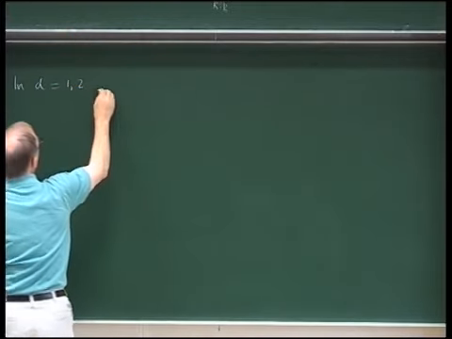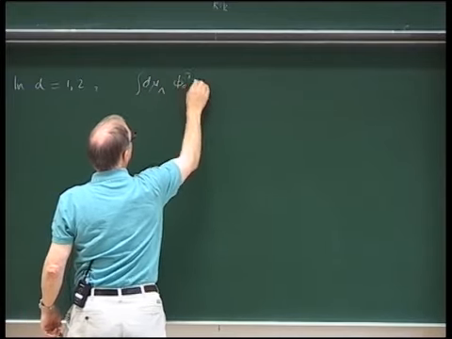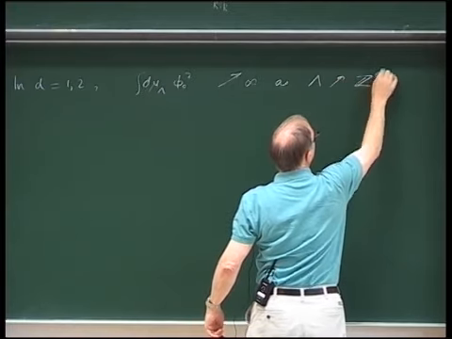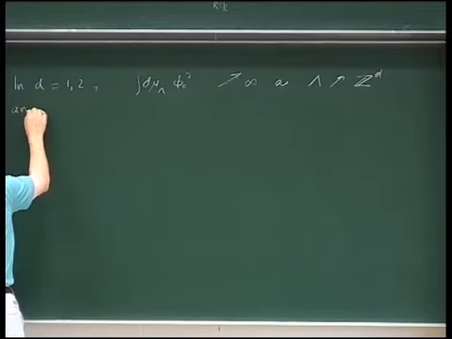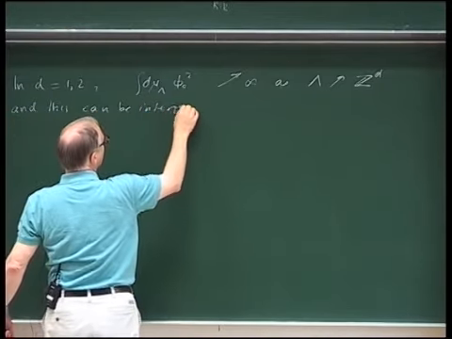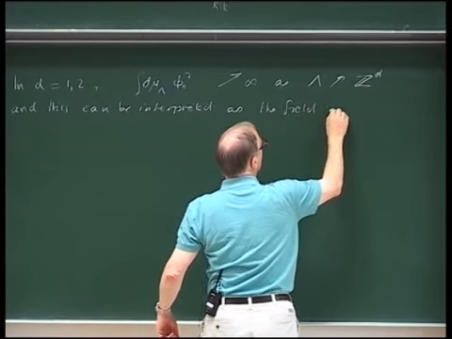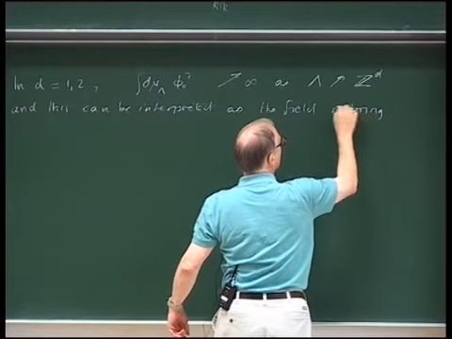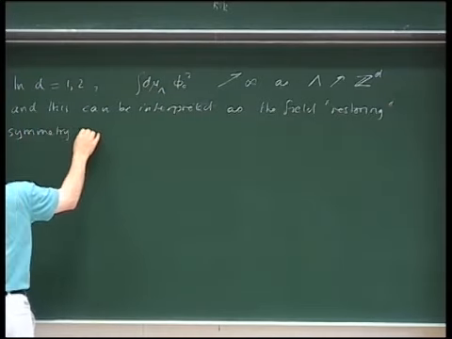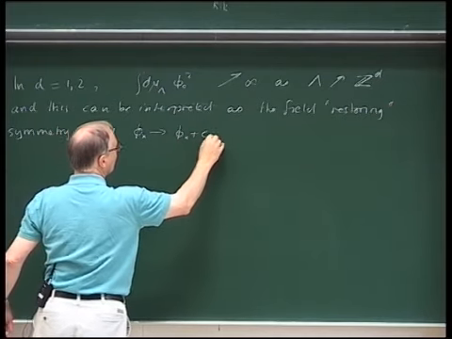In d equals 1 and 2, the variance of phi naught squared goes up to infinity as lambda goes up to Z^d, and this can be interpreted as the field restoring symmetry under phi x goes to phi x plus constant, for all x.